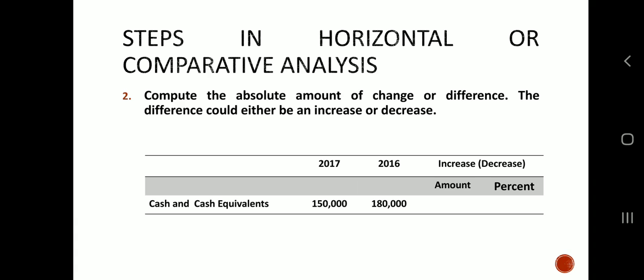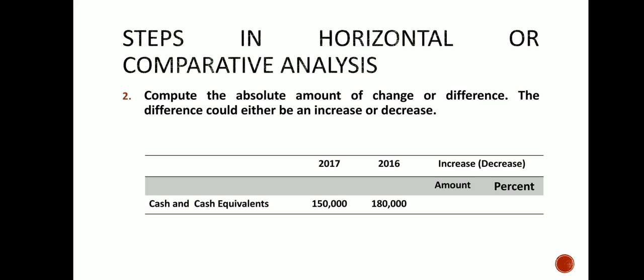we are going to deduct the cash and cash equivalents in 2016, which is our base amount, from the 150,000 cash and cash equivalents in 2017. So 150,000, which is our cash and cash equivalents in 2017, minus our base amount, which is 180,000, the cash and cash equivalents in the year 2016.